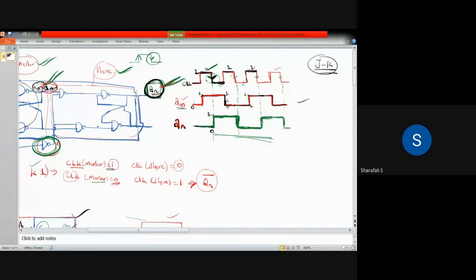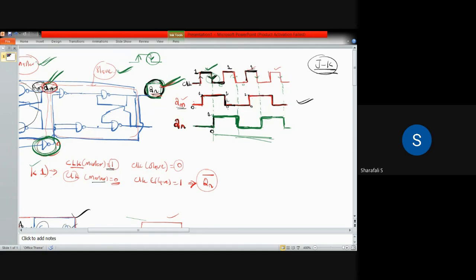Initially we considered that when the clock pulse is going from zero to one, the state is going to change for the JK flip flop. But here, just the reverse of that, when the clock pulse becomes zero, the toggling happens. So this is why it is called negative triggering. Here it is just the opposite of the earlier flip flop.